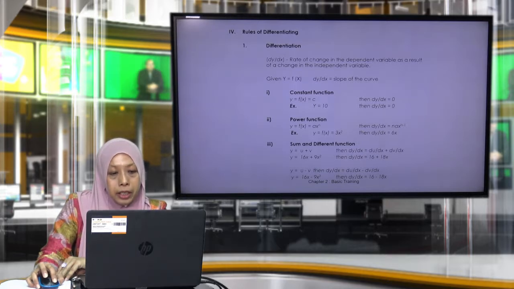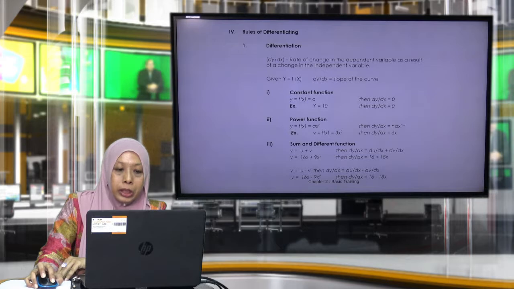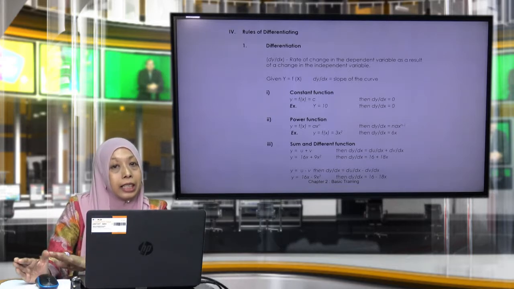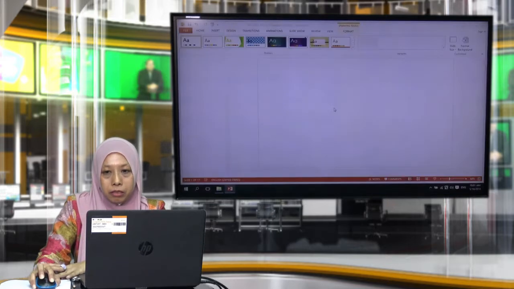For example, if you have y equals 16x plus 9x^2, you need to differentiate each of these components. Differentiating 16x gives you 16, and differentiating 9x^2 you're going to end up with 18x. Alright, I'm going to show you these 3 rules again in detail by using other examples.